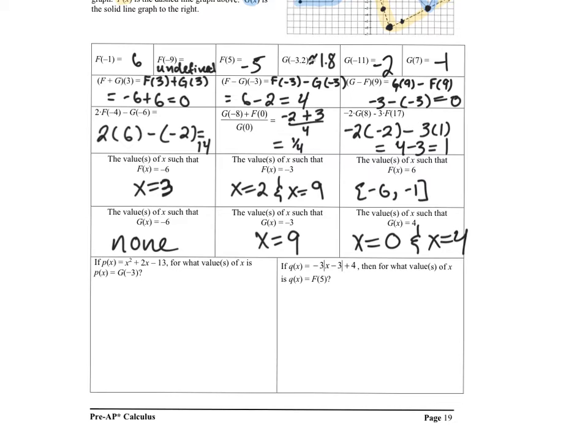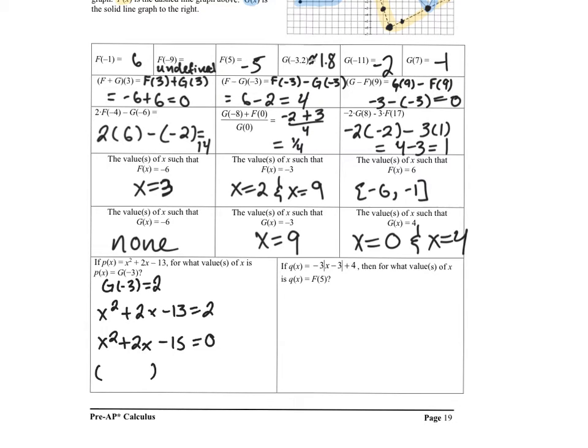So g of negative 3, let's look, when it's negative 3, it's 2. So it's equal to 2. So we have to do x squared plus 2x minus 13 equal to 2. I'm just going to subtract 2 from both sides, and we get x squared plus 2x minus 15 equal to 0.